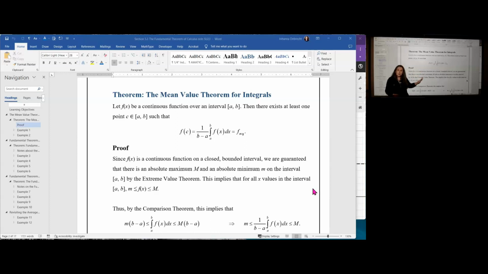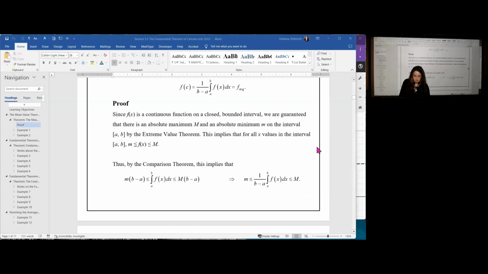Let's go ahead and prove this mean value theorem for integrals now. We're starting with a continuous function on a closed bounded interval, which means we can use the extreme value theorem.